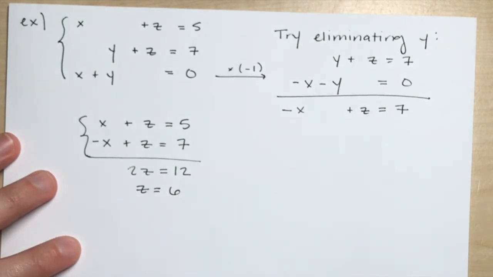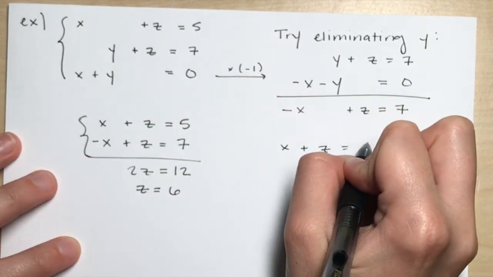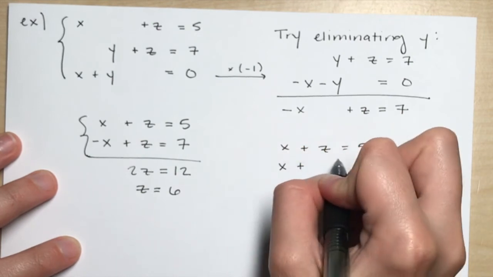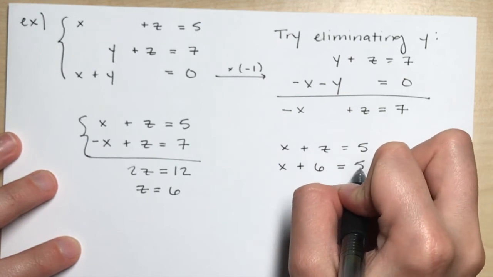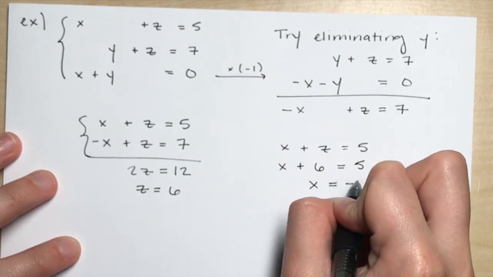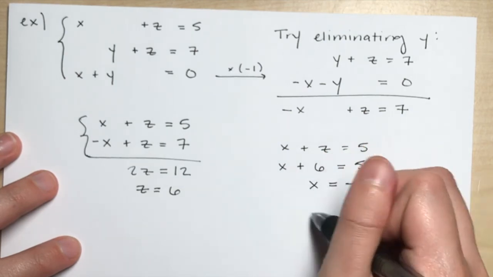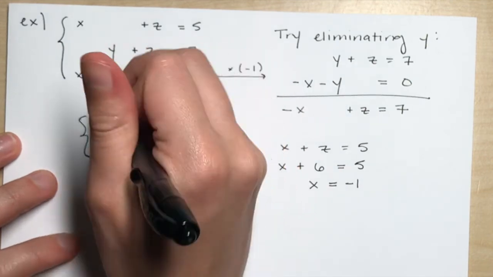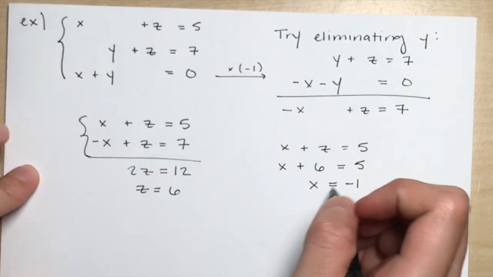All right, let's plug 6 back into one of these two variable equations. x plus z equals 5, but we know that z is 6, so x plus 6 equals 5. So x is -1. Now that we know x is -1, we can plug either of these into one of the equations that has y to find y, and they should both give us the same thing.